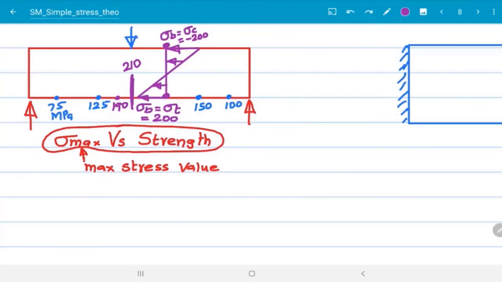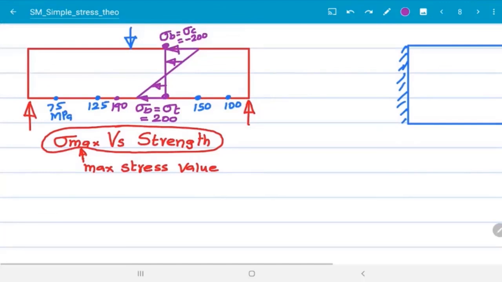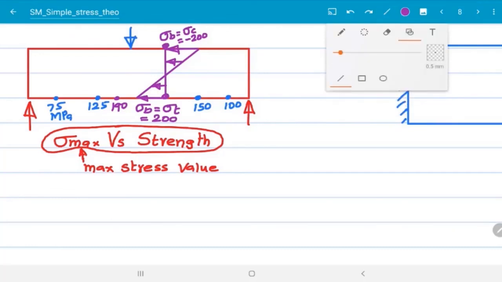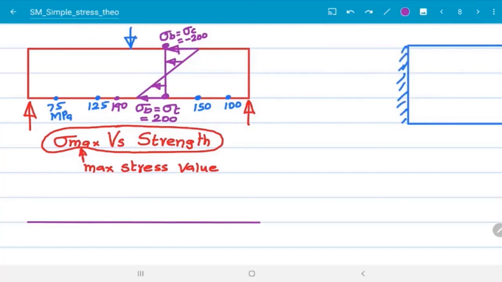For that, I will give one clue. Right now, according to your observation, what is sigma max? 200. Very good. Now I will give some idea. See, this is the BMD.